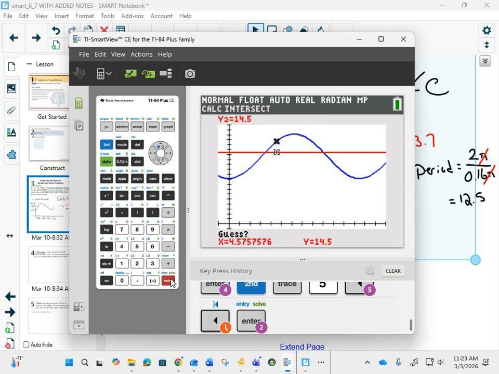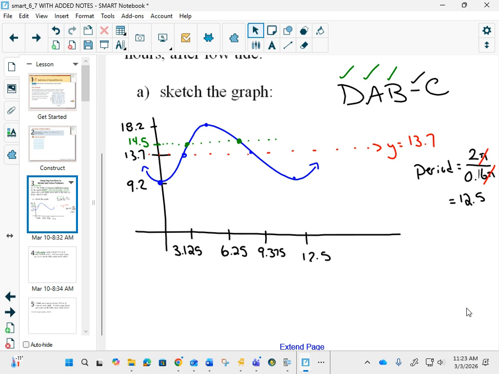It'll always find the one that's closest. So once I get closer, it finds the other one at 3.481. This one was 3.481, and this one was 9.019. Three decimal places, and I get the values.